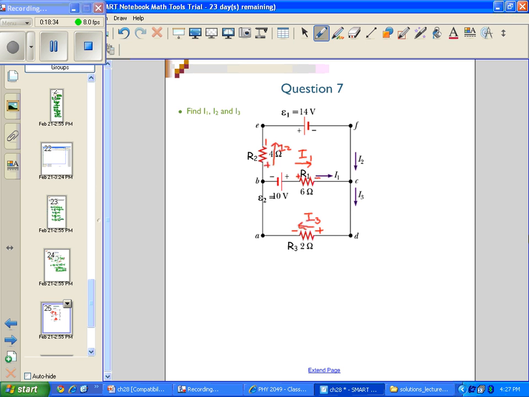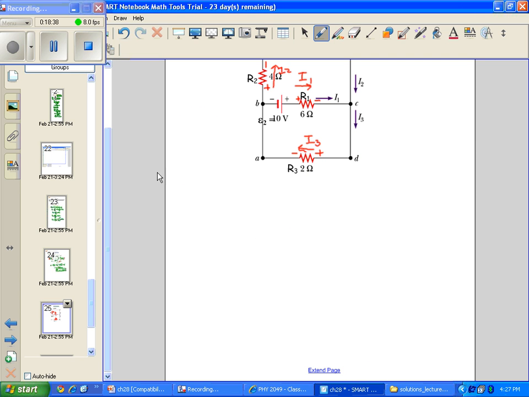But first, I'm going to go back to green. Let's write an expression for the junction rule. Use that as one of our equations. Notice that we have three unknowns, I1, I2, and I3. And according to the junction rule, the sum of what goes into the junction equals what comes out.